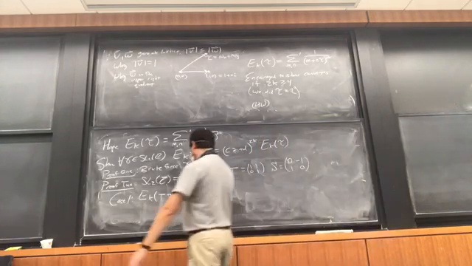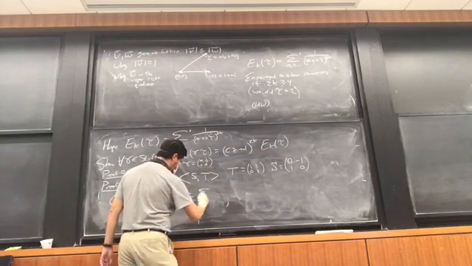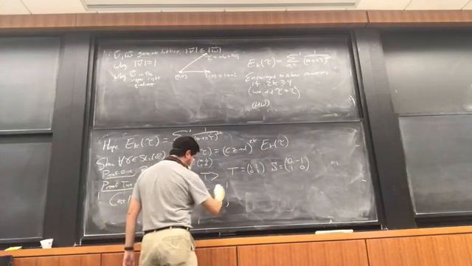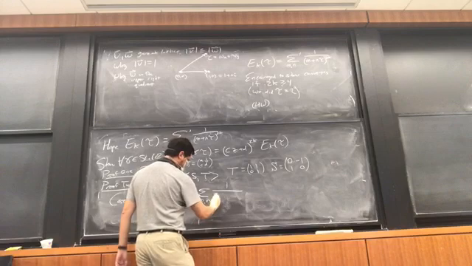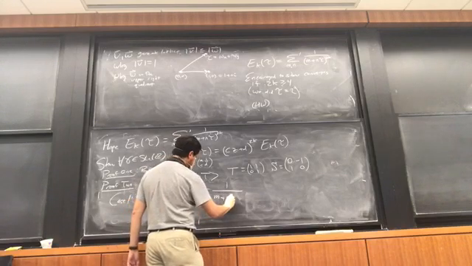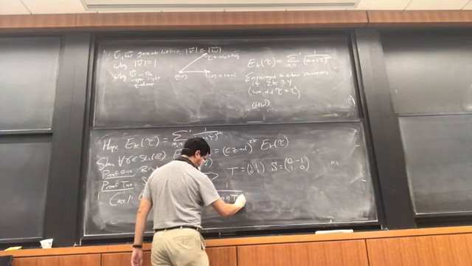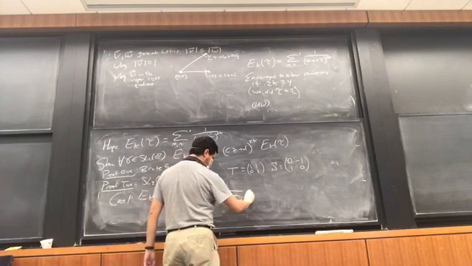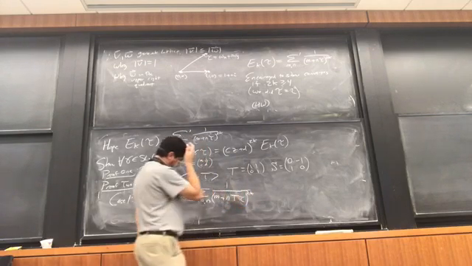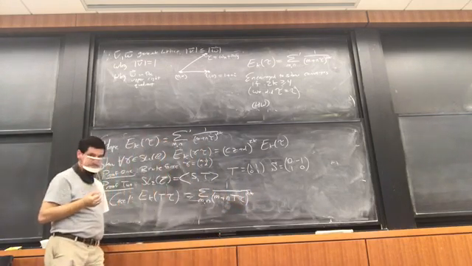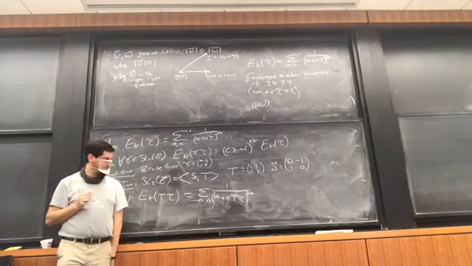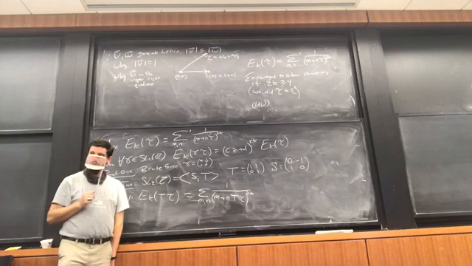So E_k of T tau would now be the sum over m, n of 1 over (m plus n T tau) to the 2k. And so what does this become? Tau plus 1.